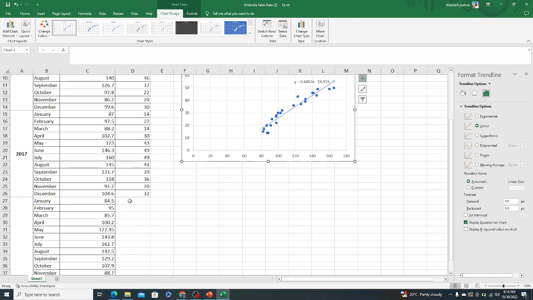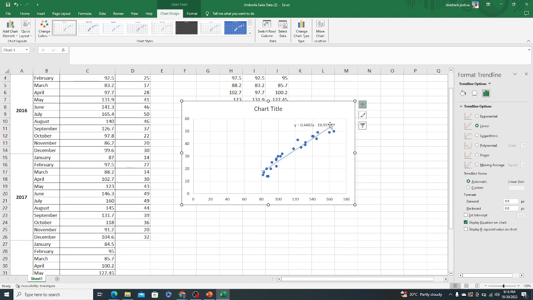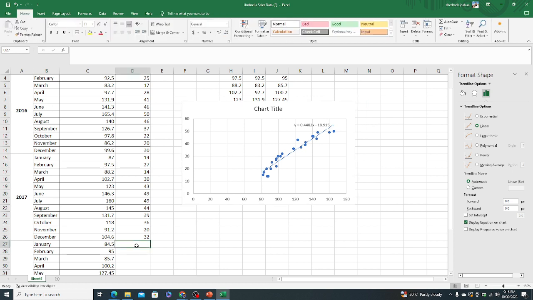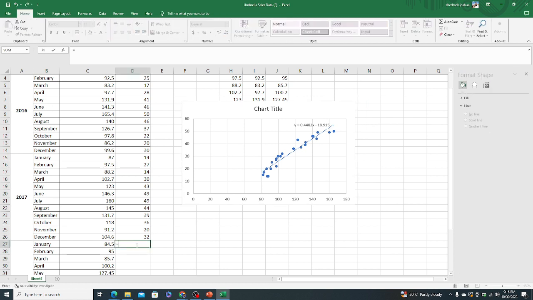We are assuming that given an amount of rainfall of 84.5 millimeters, how many umbrellas do we expect to sell?